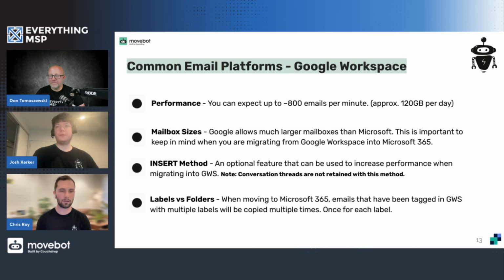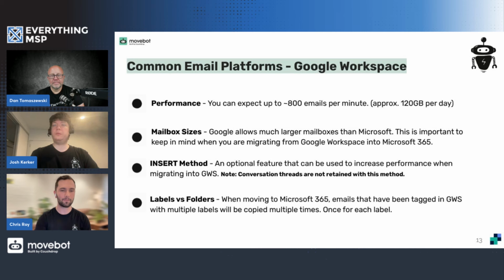Google does some stuff around updates, marketing, and the sort of stuff that it'll categorize your emails into. So the insert method can be really helpful for bringing over the historical data. Most people don't mind if the historical stuff doesn't have conversation threads because they're usually searching for it, whereas with the more recent data, you probably want to retain those conversation threads.